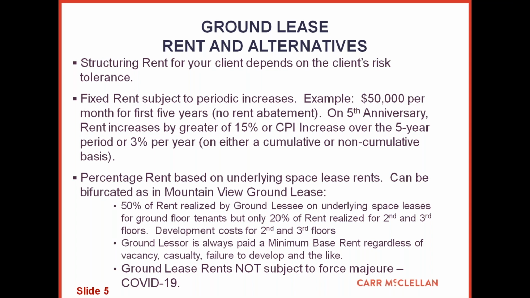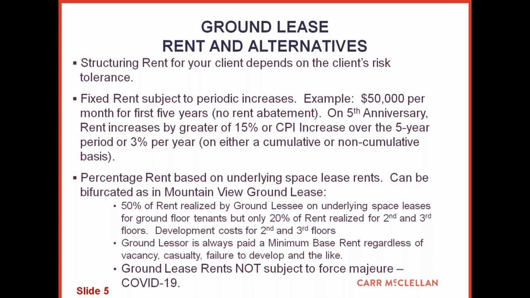What we negotiated was that the ground lessee will get only 50% of the rent generated by the ground floor tenant. This is because the ground floor already exists. The ground lessee is coming into the ground lease and assuming the ground floor space lease. And so our client said, we don't want to give the ground lessee more than 50% of the rent, the profit on the ground floor, because it's already there.